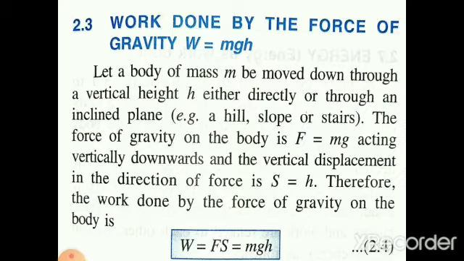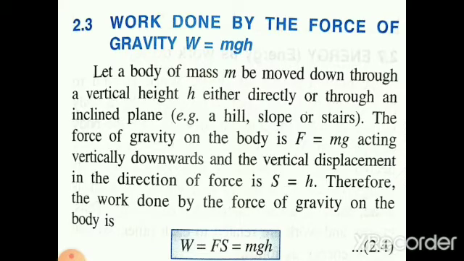Let a body of mass m be moved down through a vertical height h, either directly or through an inclined plane. Example, a hill, slope or stairs. The force of gravity on the body is F is equal to mg, acting vertically downwards, and the vertical displacement in the direction of force, capital S, is equal to h, the height through which it has come.